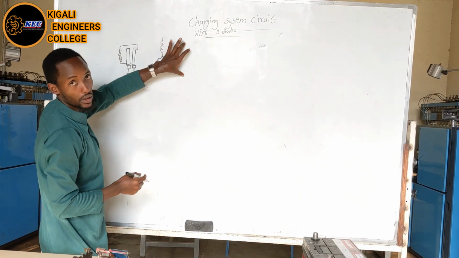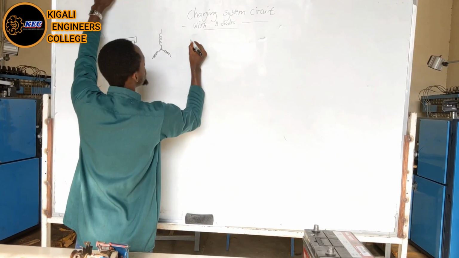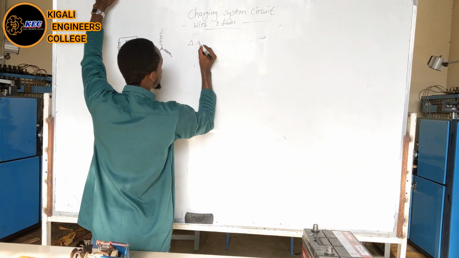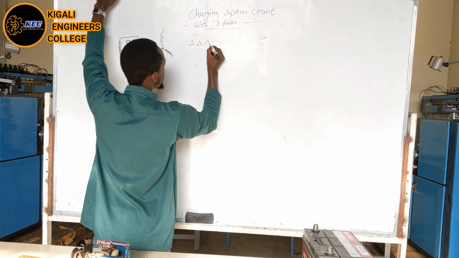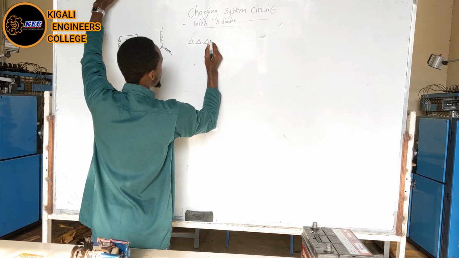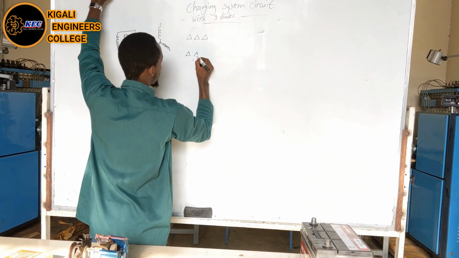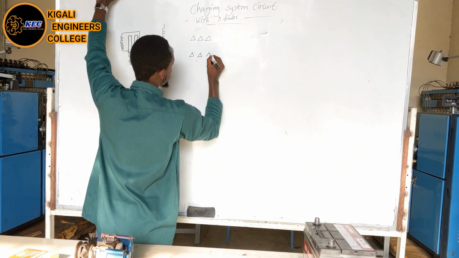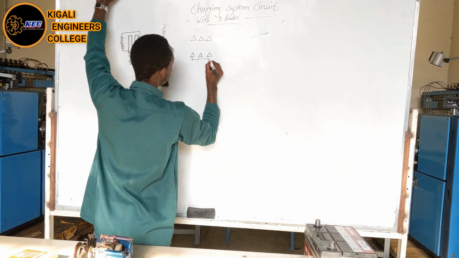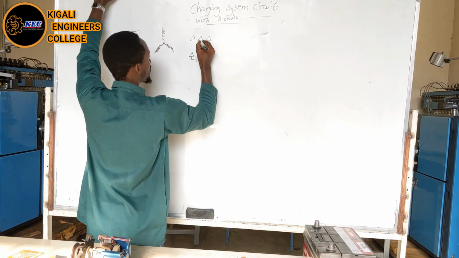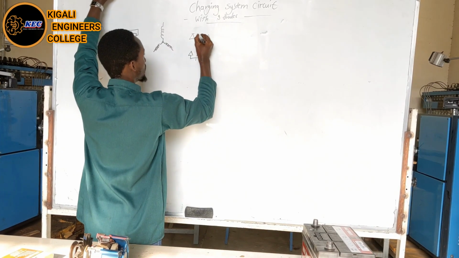So let's draw the power diode, and also here we have a power diode, and also we will draw the excitation diode. This symbol represents the diode.